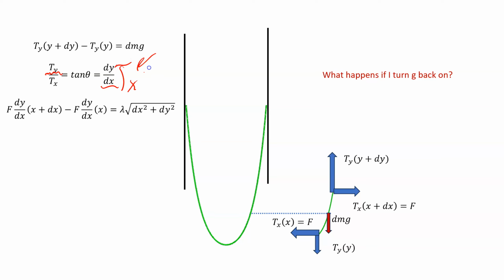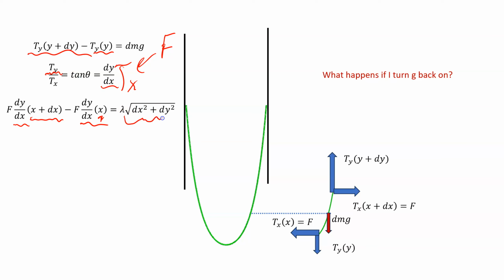What's Tx? F, always. That means that I can replace this with dy dx evaluated at x plus dx, and I can replace this with an F dy dx evaluated at x. It looks a little fancy what I'm doing here, but honestly, it's just a quick substitution.